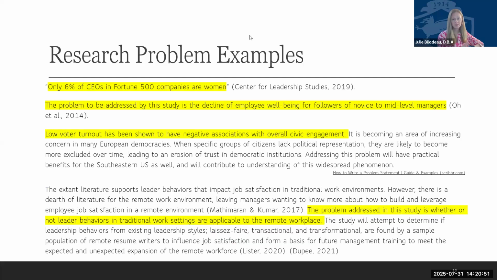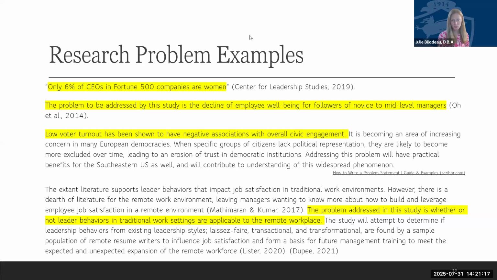And then here you can see there's a lot more support for this one, but the problem is in the middle of the paragraph. In this case, I would always recommend using the language, the problem, because otherwise it gets lost. And different advisors may have you consider placing the problem statement in different places. Some like it right at the beginning, and then you show your support.